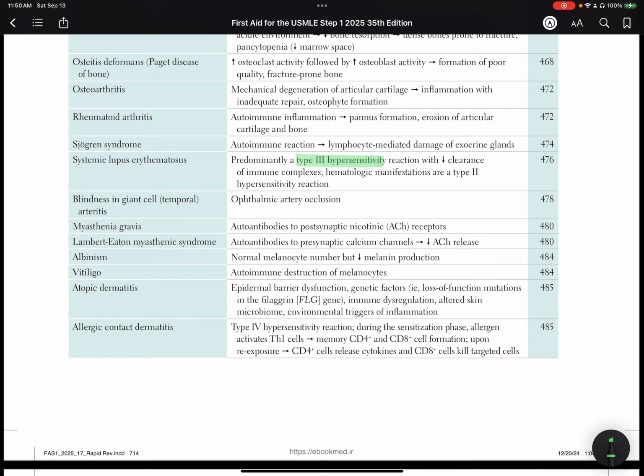Hematologic manifestations are type 2 hypersensitivity reactions.